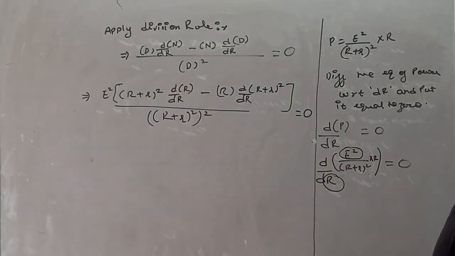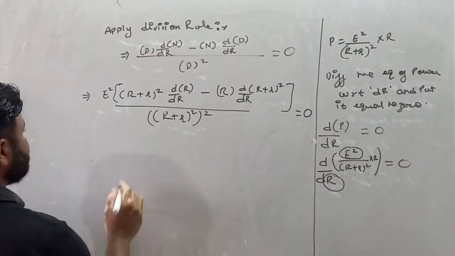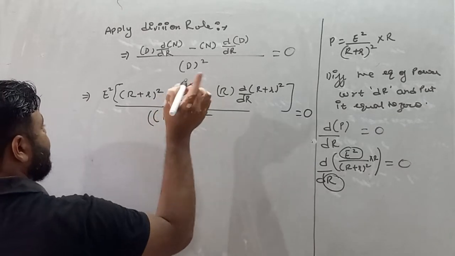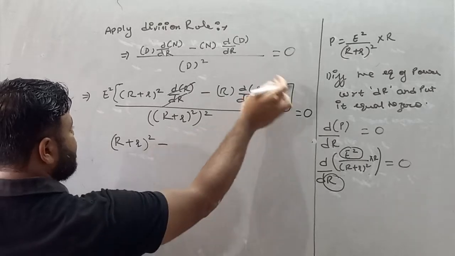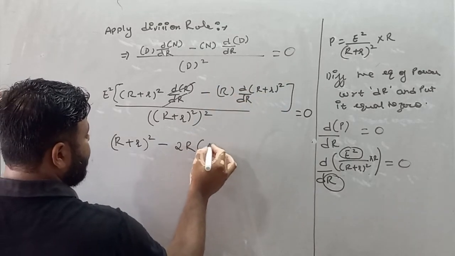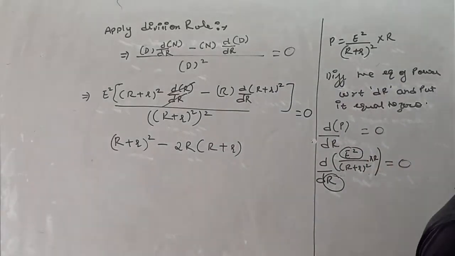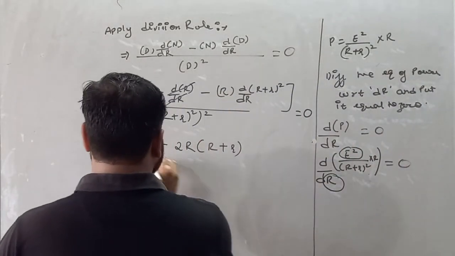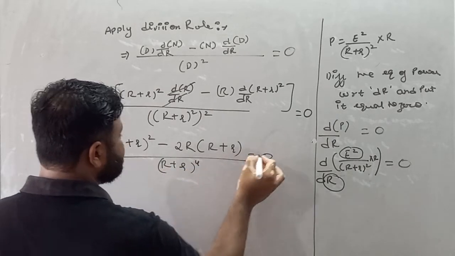I hope you all understand this concept as well. So E² comes to the other side, dR/dR becomes 1, so (R+r)² minus 2R(R+r) over (R+r)⁴ equals 0.